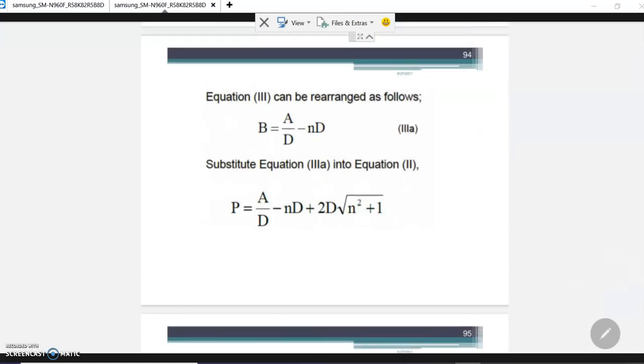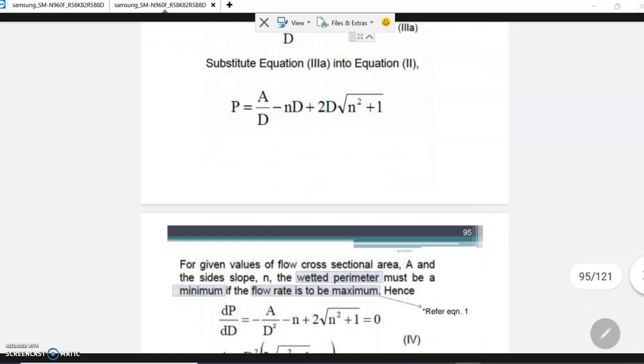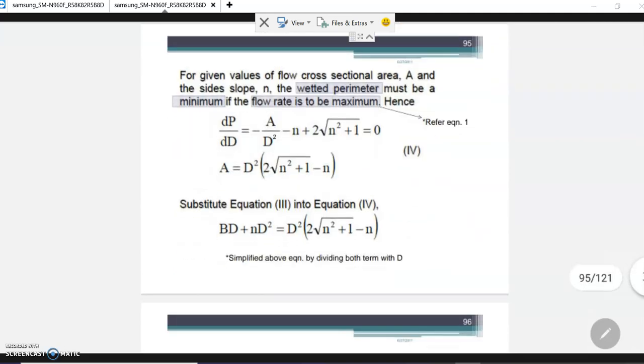Okay, we rearrange again, to get it in terms of B and in the form of P. Okay, so for the given values of cross section area and the side slope, the weighted parameter must be at minimum if the flow rate is maximum. So we substitute equation 3 into equation 4.